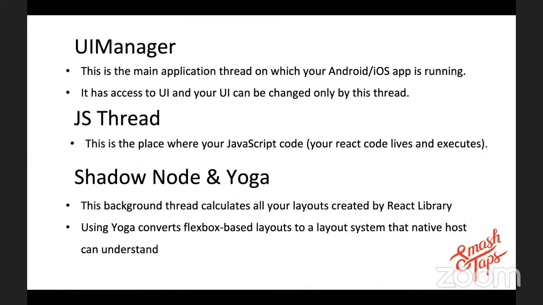It's based on Flexbox. If you have heard of it, when you do web development, you use Flexbox, Grid, and stuff like that. This React Native library implements the Flexbox CSS style.